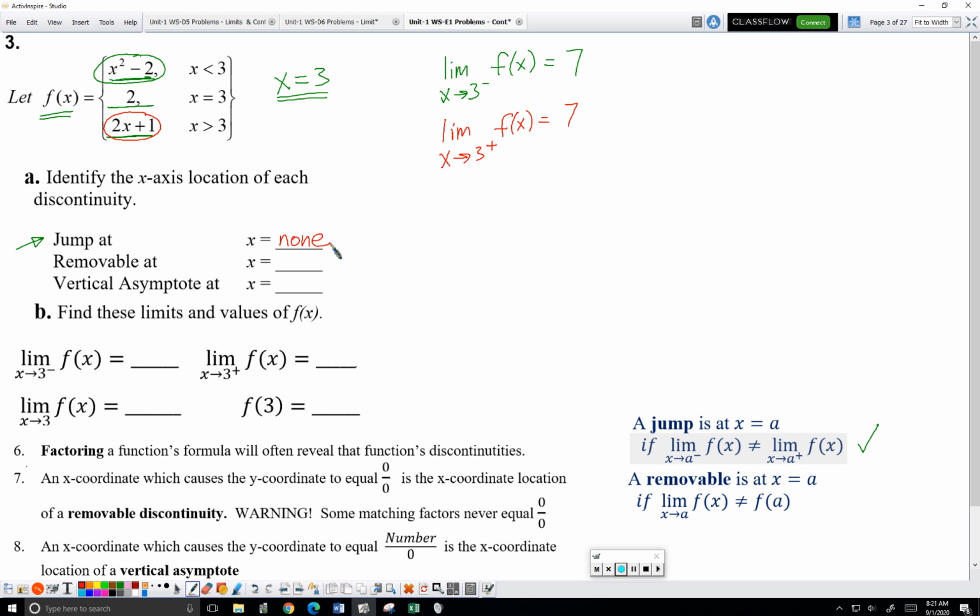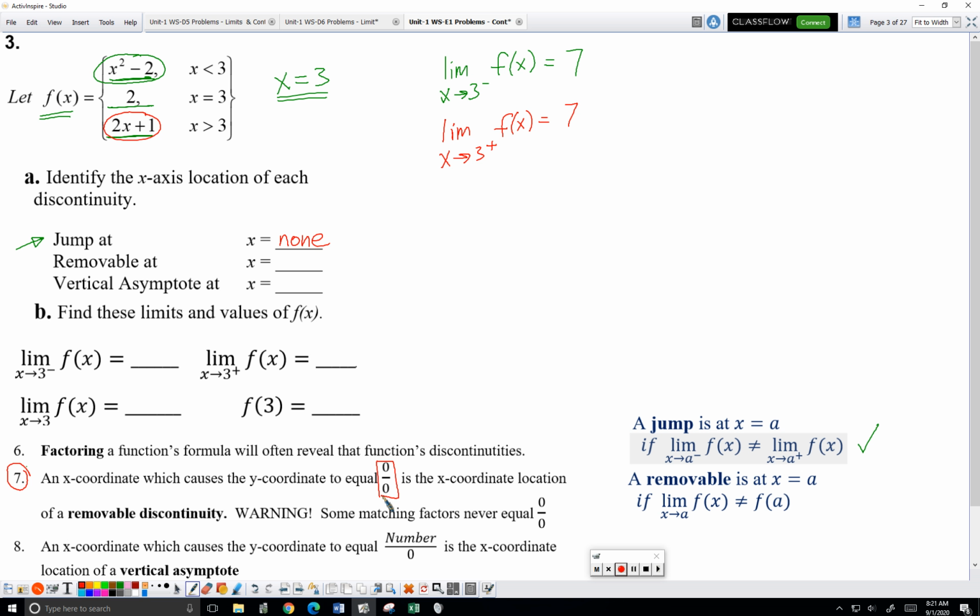Okay, with a piecewise function, now, this is where you've got to keep the ideas separate. On the last example, we used this note, number 7, to factor the function and identify a removable discontinuity as being a situation where you have an x-coordinate that causes the y-coordinate to be 0 over 0. With a piecewise function, you can also have a removable discontinuity, but it's caused differently. It's not caused by these factors that match.